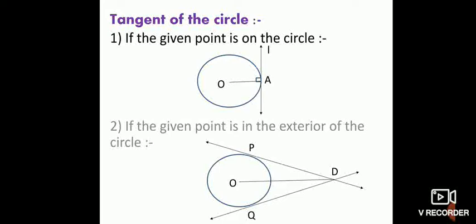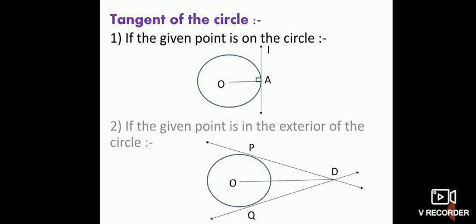As shown in the figure, line PD and line QD are the two tangents passing through the point D, which is outside the circle or in the exterior part of the circle. The points P and Q are called the points of contact, and the segments PD and QD are called the tangent segments.